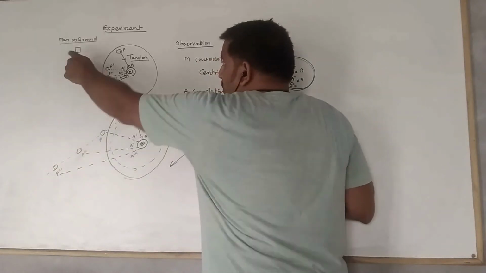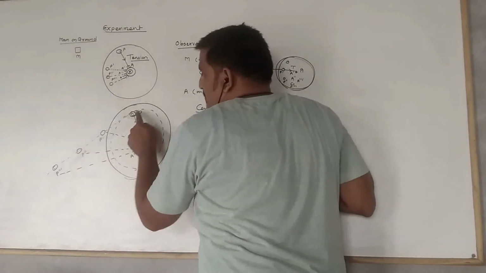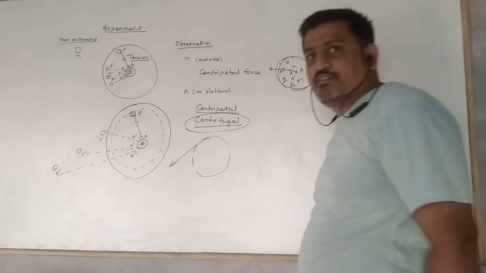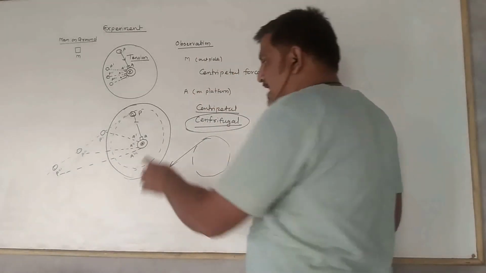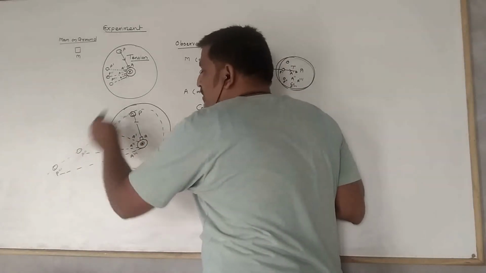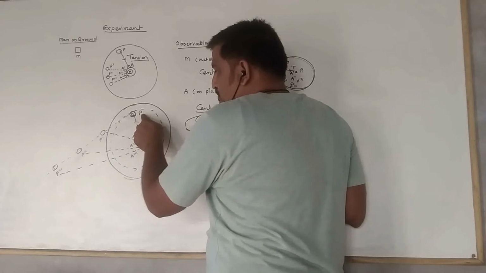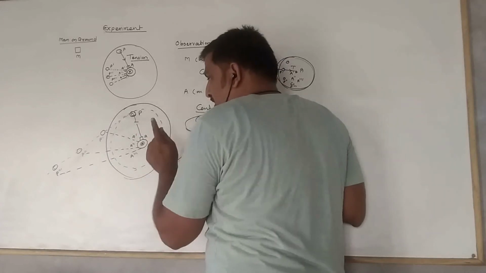But for the person M, what does he find? Person M finds that the ball is moving in a straight line. And the person who is standing on the merry-go-round finds the ball in front of him only. When he is at position A, the ball is at position P in front of him only.